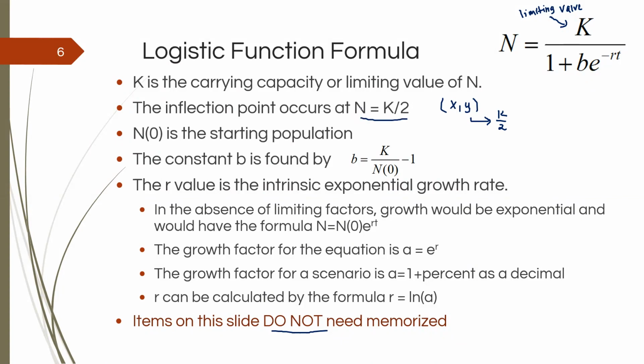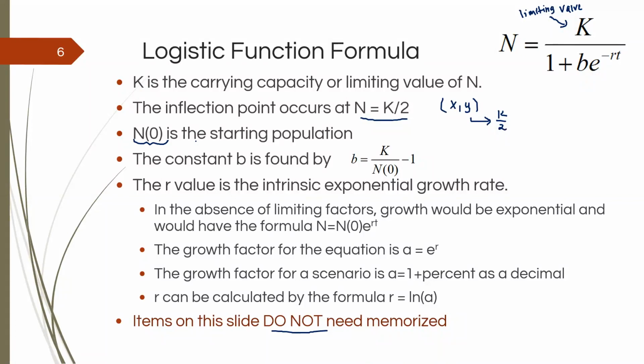The point of inflection is that number is K divided by 2. The reason why they use the N there instead of saying it's the y value is because when we look at the logistic formula, N is the number of items. So the N, which is truly behaving as the y value, is K over 2. The notation N of 0 is the starting population.